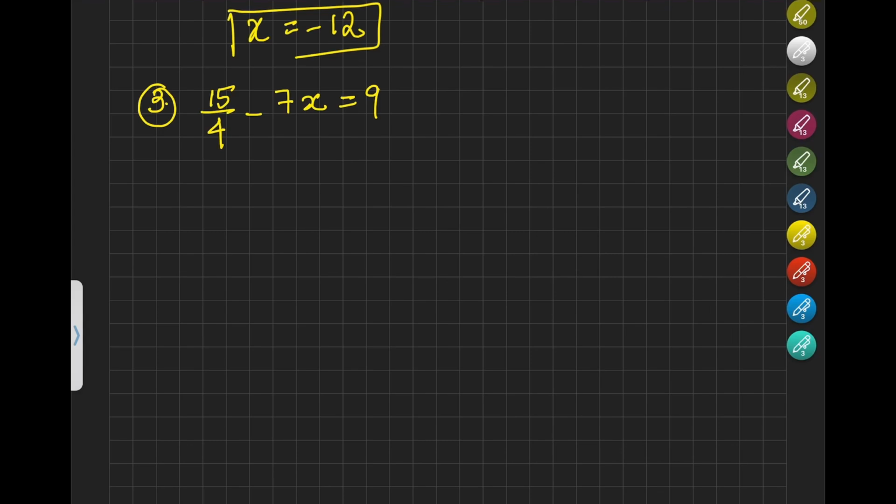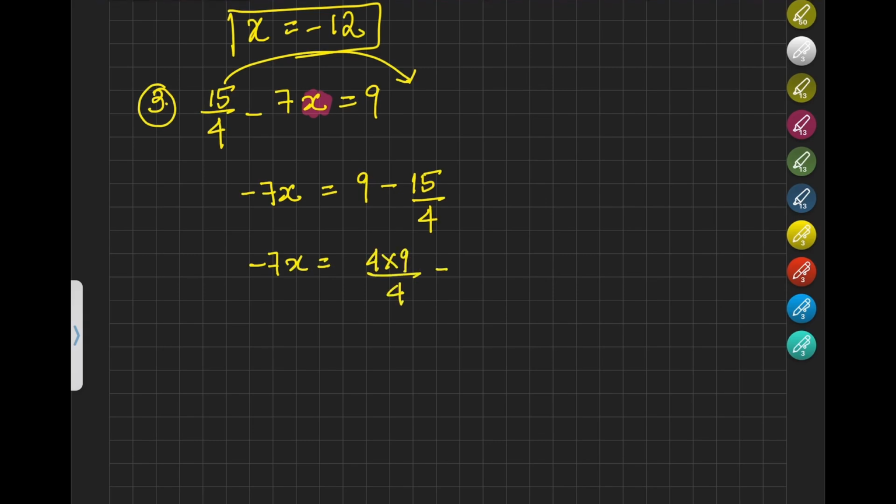So the first step is to look for the variable and identify where it is, and then do the necessary transposing. So 9 minus 15 by 4. 9 and 15 by 4 can be solved, and that is why I am transposing 15 by 4 to the right hand side. So minus 7x is equal to 4 into 9 by 4 minus 15 by 4.